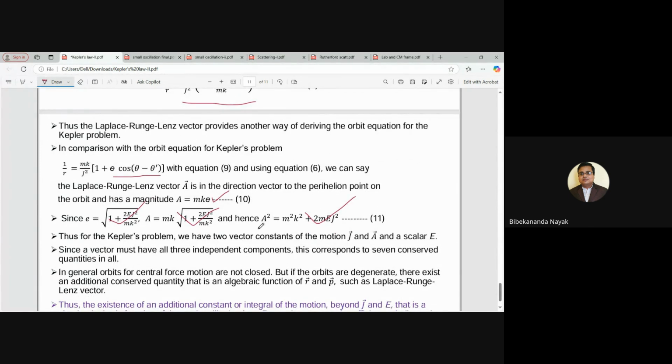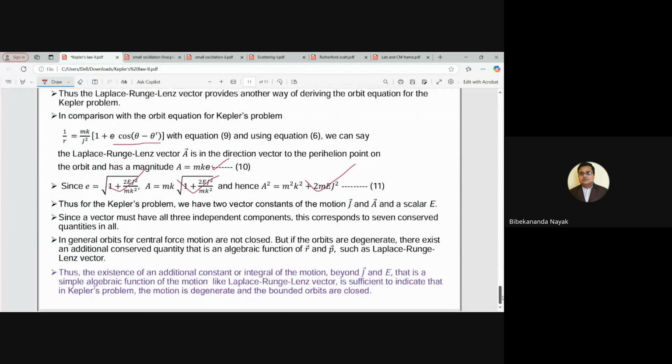Since A is a vector, a constant means all three components are constant, so there must be three constants, Ax, Ay, Az. Again, J is a vector with three constants, Jx, Jy, Jz, and E is a constant. So in total 7 quantities are conserved here.